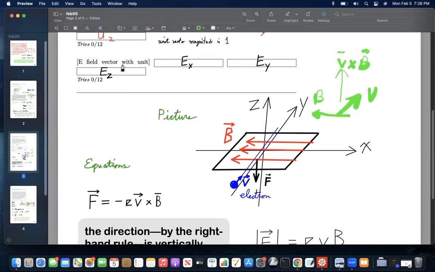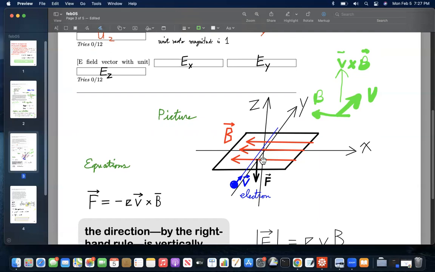Now part B is, what would be the electric field that would cancel that magnetic force? So in other words, if there was also an electric field here, the electron would feel 0 force as it goes through here, because the magnetic force would just cancel the electric force. Now we need a force in the opposite direction, so it'll cancel.